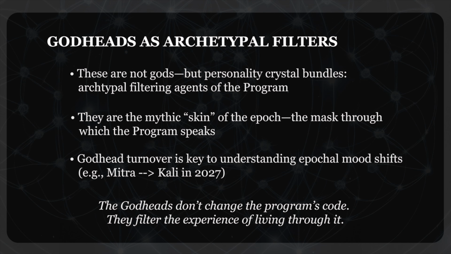So now we're getting this mood shift from Mitra to Kali, which is a really interesting one. As I say, they don't change the code. They kind of just filter it, make sense of it. We can't read machine code, but we can read our app on our phone. So you think about the godheads as that thing that makes sense of the code. Yeah, that metaphor has its limits, but it's useful, I think.